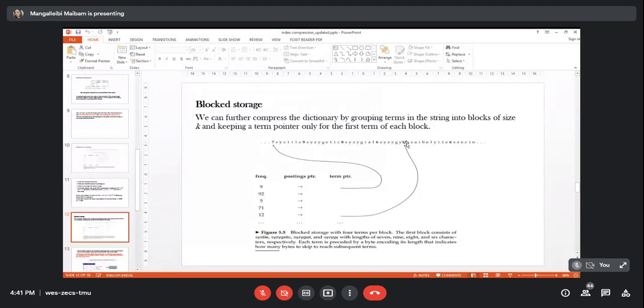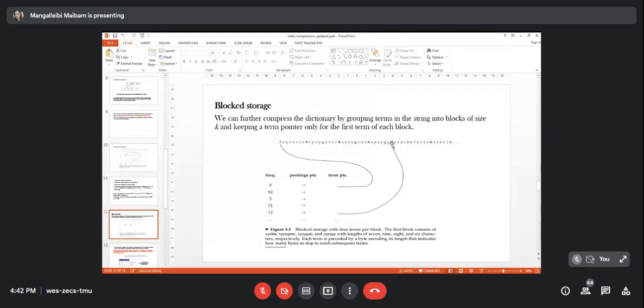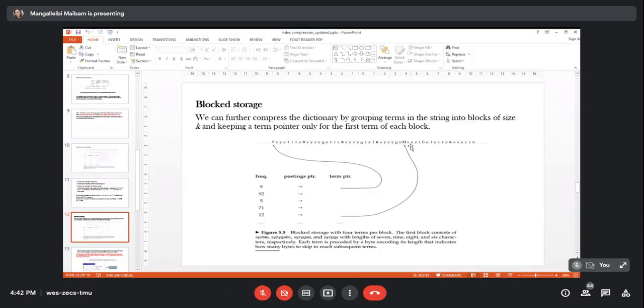Now, we are starting the second block. Since we start the second block, we will be using another pointer here at the start of each block, for the first term. The first term is something like Jibel, Yite.